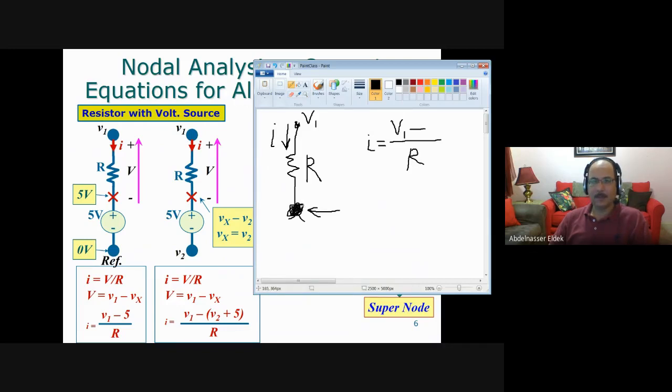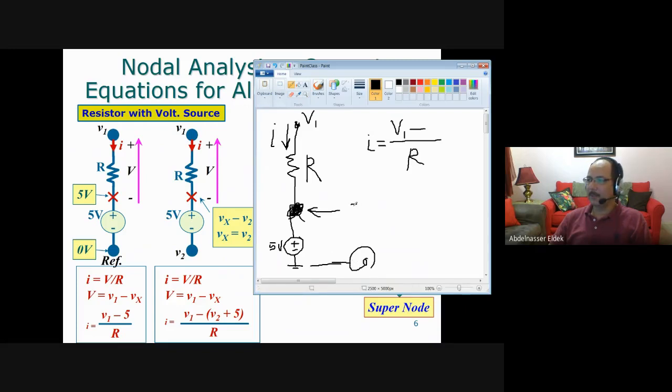When you look at this example here, this is a voltage source, with positive and negative terminals. This is a ground, and it's 5 volts. So if you have a 5 volt source like this, the voltage here is 0 because this is a ground.